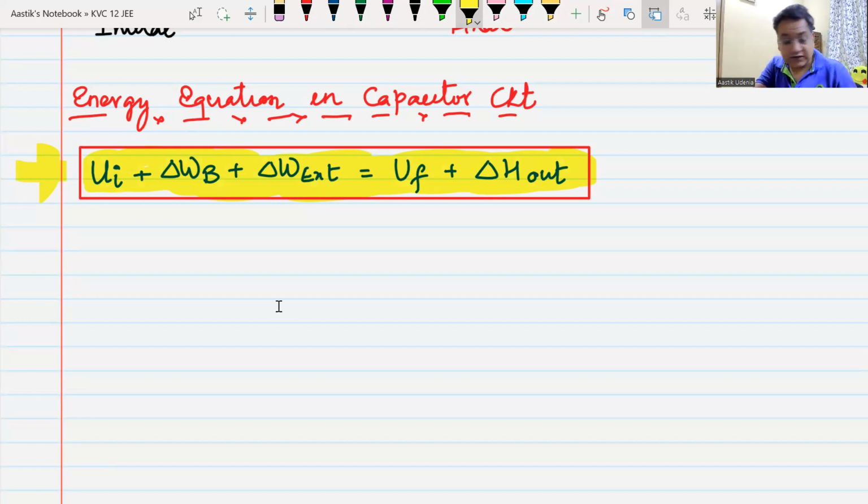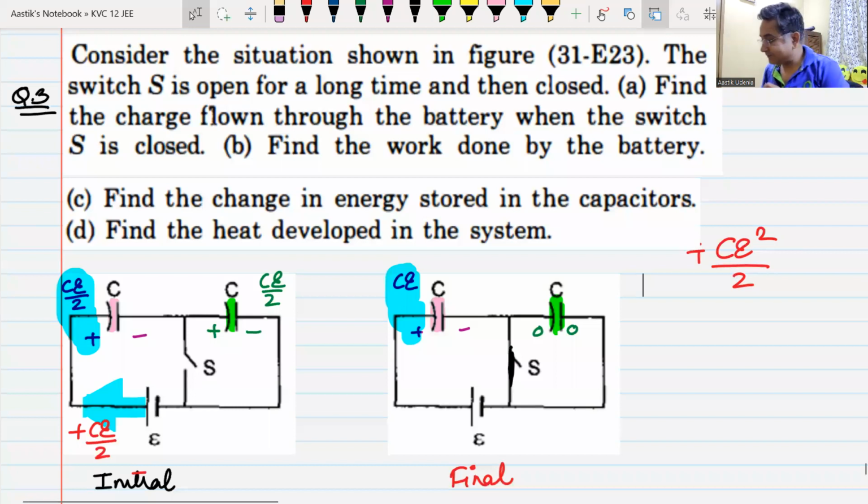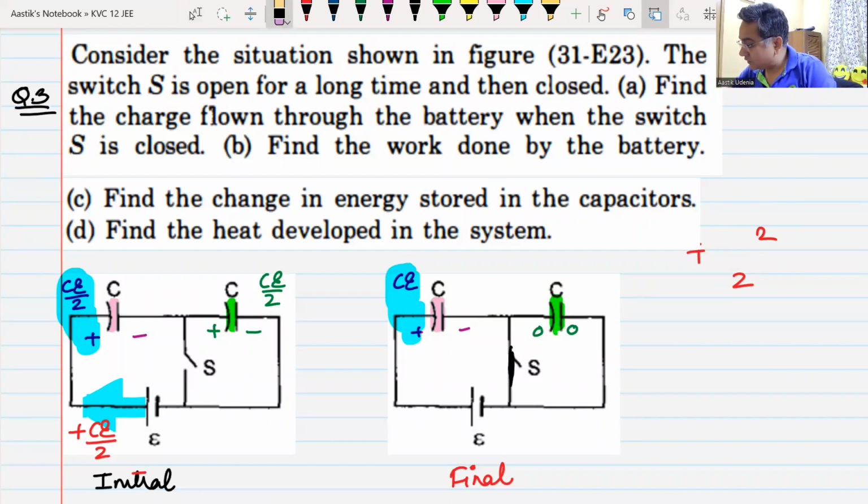They are now coming up for you. I hope you can see them. Question C and question D come up now. Find out the change in energy stored in the capacitor. Find out the heat developed in the system.